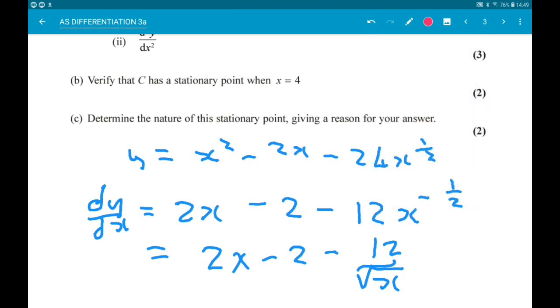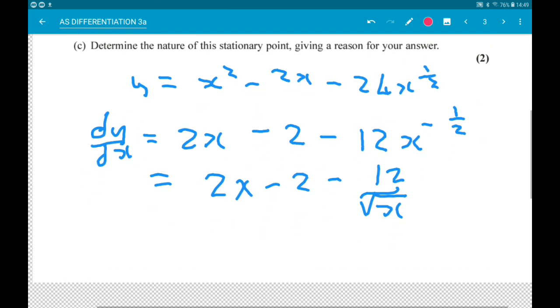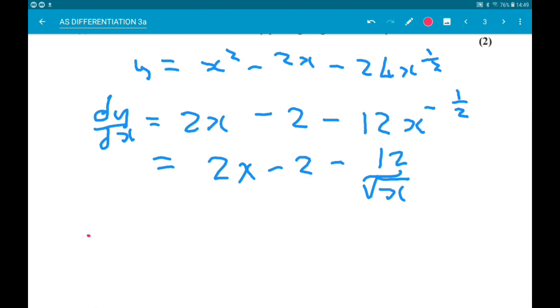Okay, now for the second derivative. We're going to get 2. Now, the negative 1/2 comes down and multiplies negative 12, so we get plus 6x to the minus 3 halves.